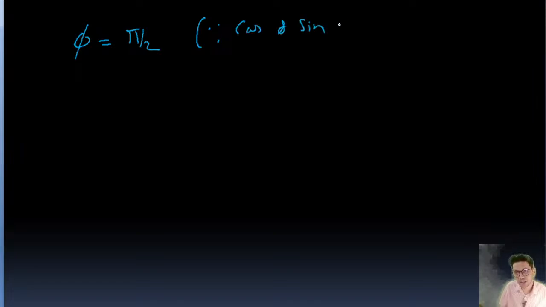So the phase difference is going to be pi by 2, since cos theta and sin theta are present. My apology, the phase value is going to be pi by 2.